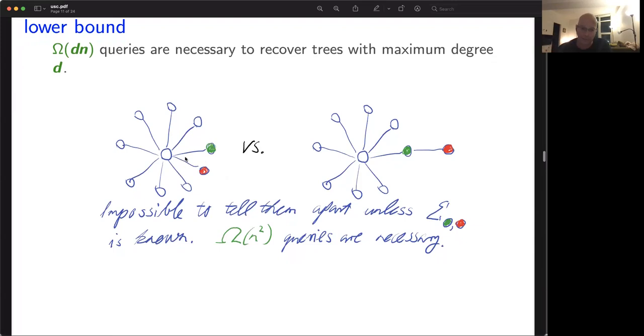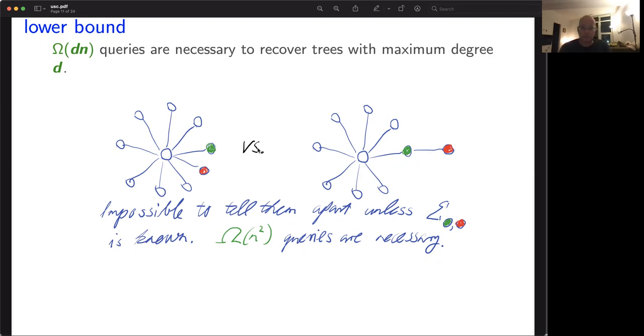We can prove this. I'm not going to show you the proof, just the intuition. For example, if we have these 2 graphs, this is a star, with a vertex of degree n minus 1. Here, this is almost a star. It differs from the star in just one edge.